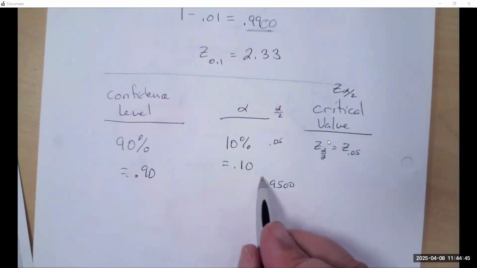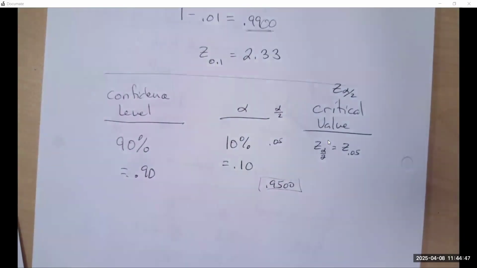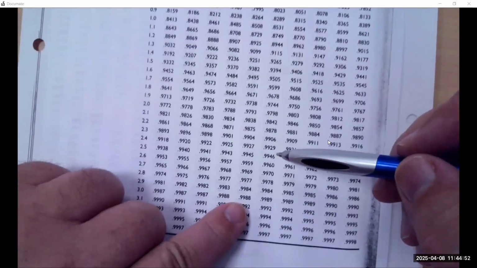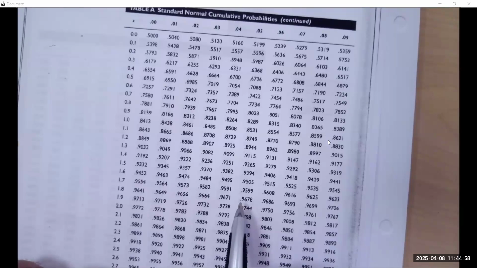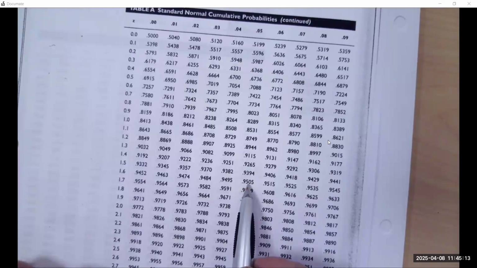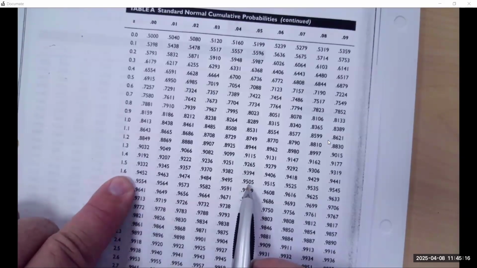So what number comes closest to 0.95? The closest number to 0.95. Yeah, we could say 1.65.